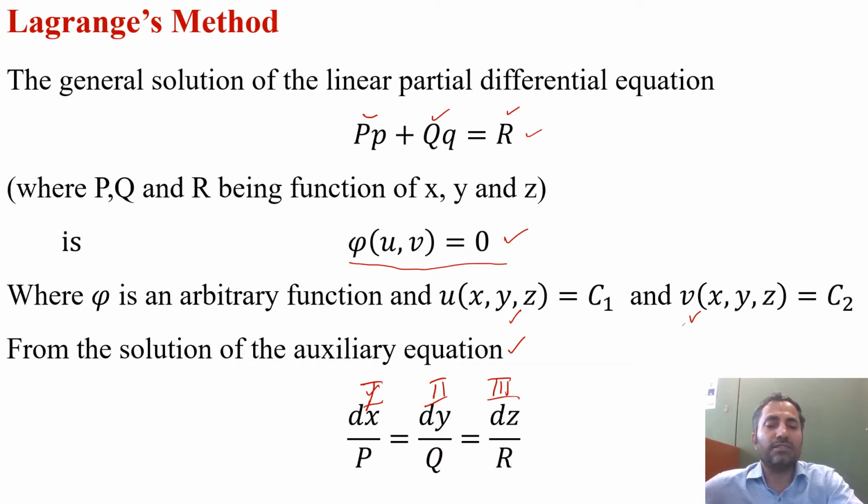Once you select these two fractions, your equation will be an ordinary differential equation, and the solution of the ordinary differential equation is obtained in the form of u and v. You can choose any two combinations, either 1 and 2, 2 and 3, or 1 and 3, so in total 3 ODEs can be developed. The first two are required to get the solution phi(u, v).